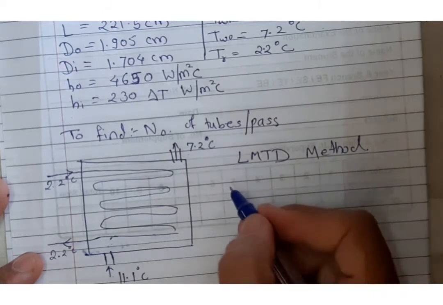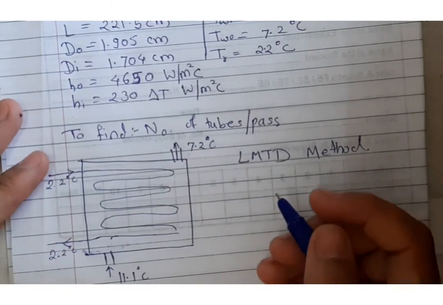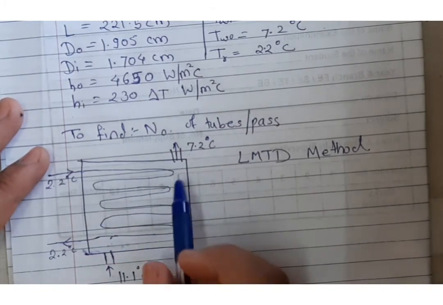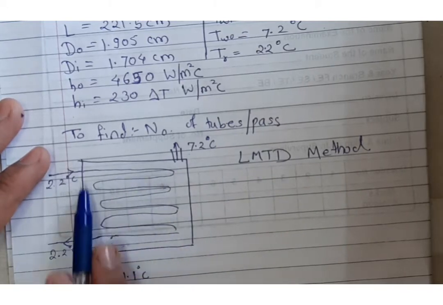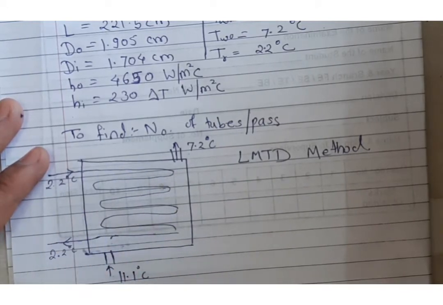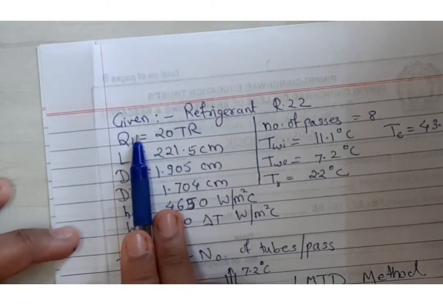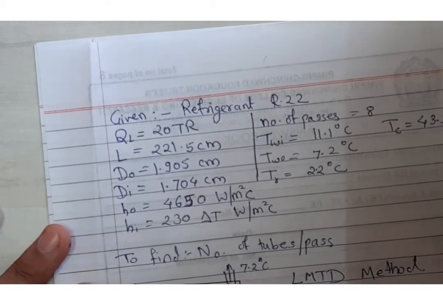Now by the LMTD method we are supposed to find the number of tubes, and the number of tubes is directly proportional to the area available for the heat transfer. This QL is directly proportional to the area.